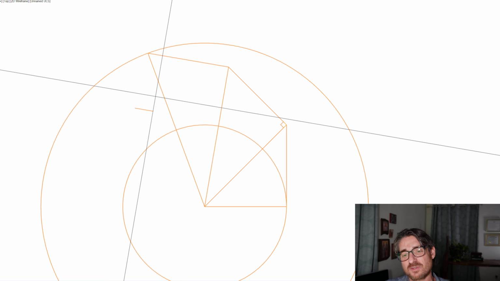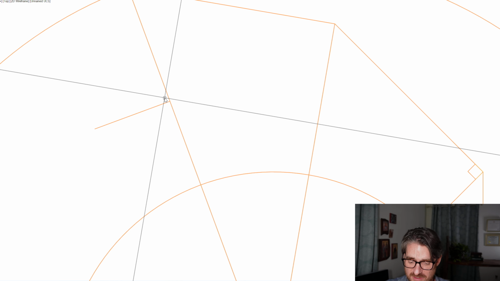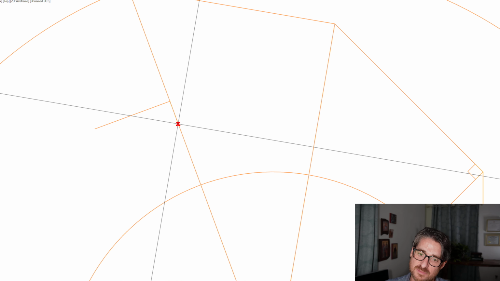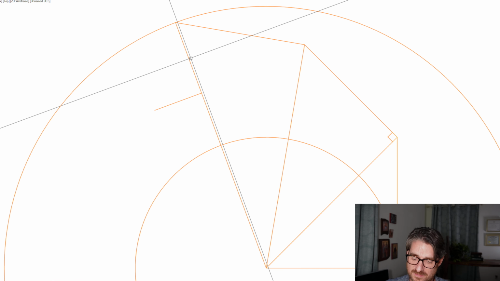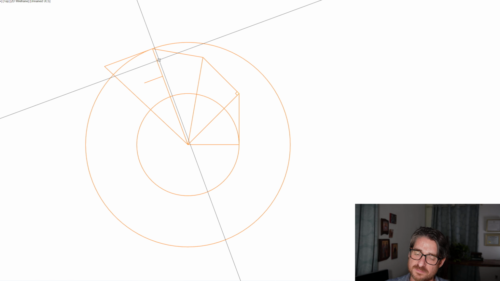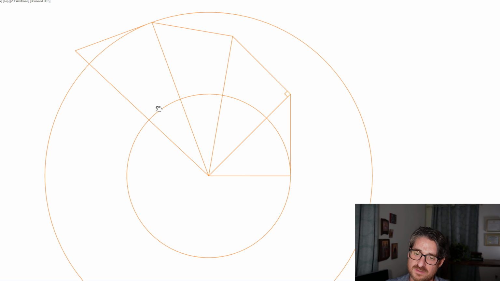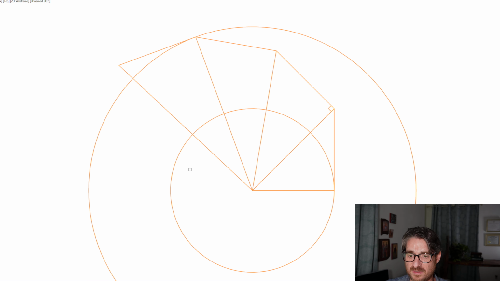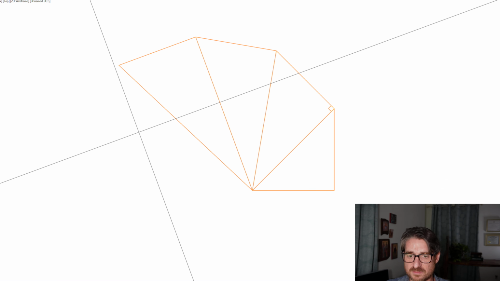And so this is basically producing the exact same distances as the previous approach. It's just building on itself in a bit of a cleaner fashion.